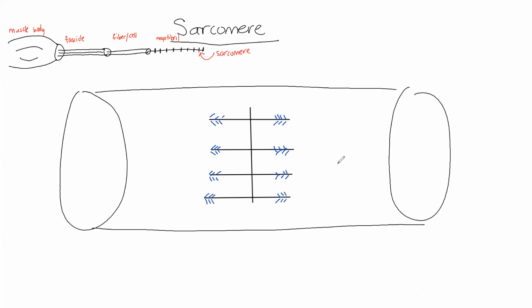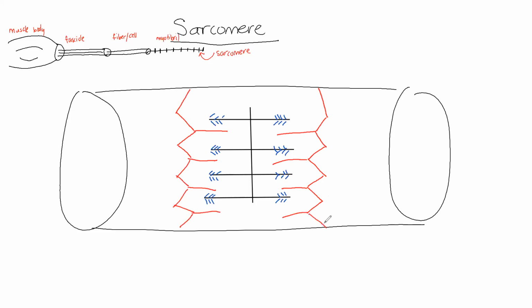Okay, now let's draw in actin, or the thin filaments. So these are going to be out to the periphery of the sarcomere. So we've got one on either side here. Okay. And so basically this is the Z line. So here's a Z line.